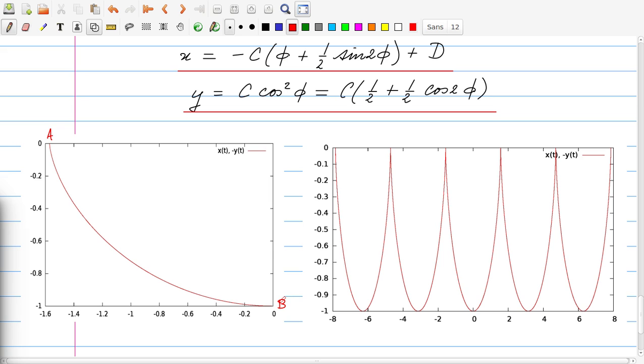So this is the brachistochrone, which brings you from A to B in the shortest possible time, and here you see a general solution. Now note that the scale on the x-axis is very different from that in the y-axis. If they would be taken the same, then this curve would be stretched a lot in the x direction, and it turns out that the shape that you see here is the path described by a point.